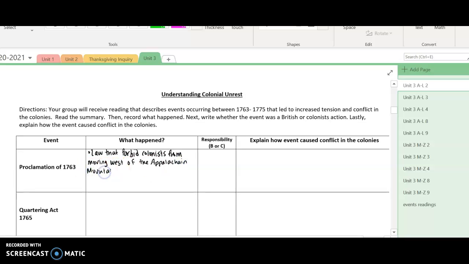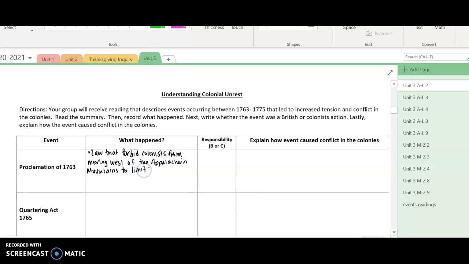And the purpose of this law was to stop Native Americans and English colonists from getting into fights over this land. They had just fought the French and Indian War, and the British had won. But if the Native Americans were fighting with the English colonists about land, the French might come in to defend the Indians, and then the British would have to come in to defend the colonists, and the war could start all over again.